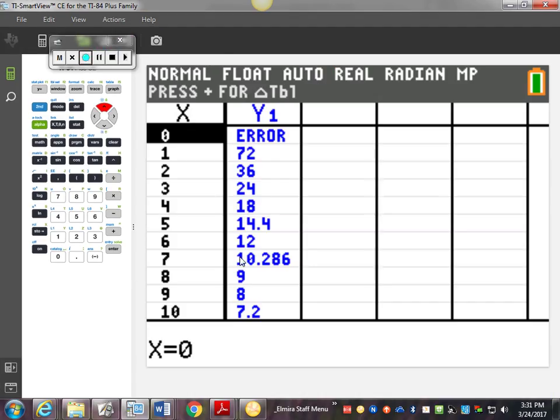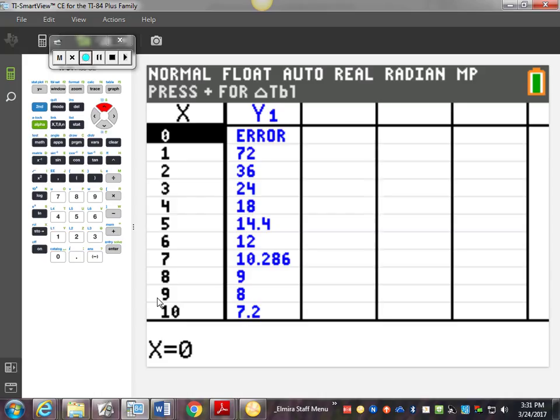If you look at your table, you would look at all the rows that are whole numbers. So 1 times 72 is 72, 2 times 36, 3 times 24, 4 times 18. Anything with a decimal in it, skip, because we're always looking for whole numbers. 6 times 12, 7 we skip. 8 times 9. Now, 8 times 9 and 9 times 8 are the same thing. So I don't have to keep scrolling through the list.